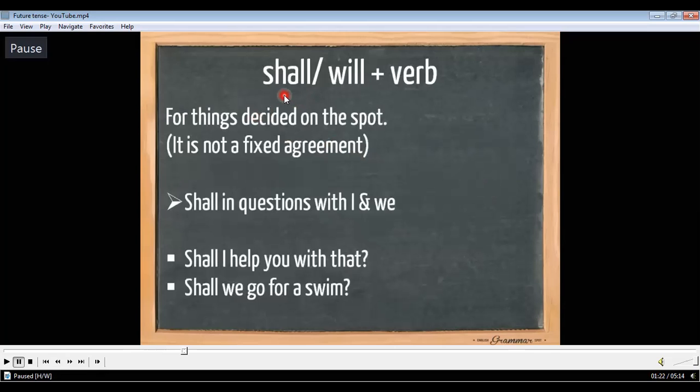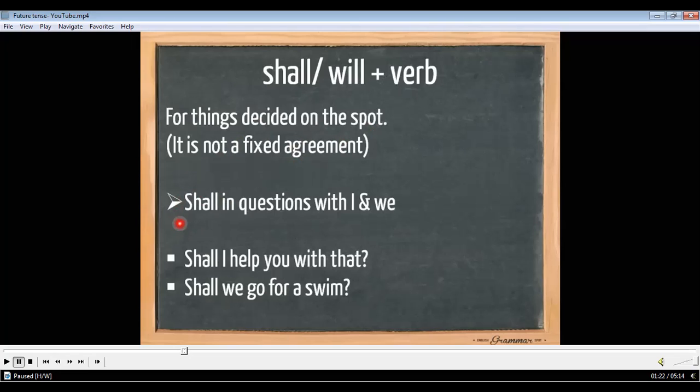As I discussed, we use shall or will plus the base form of the verb to describe the future simple. We use this tense for things decided on the spot about the future, and it is not a fixed agreement because we decided it on the spot. We have two modal verbs for the future tense, shall and will.